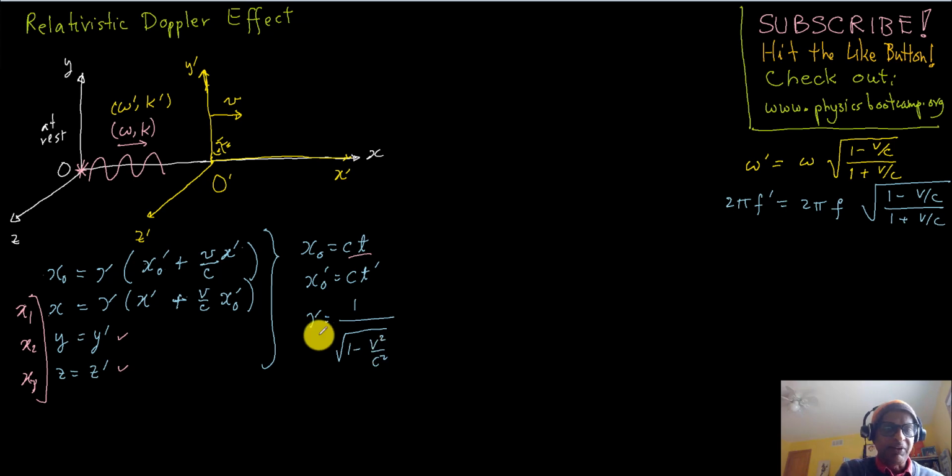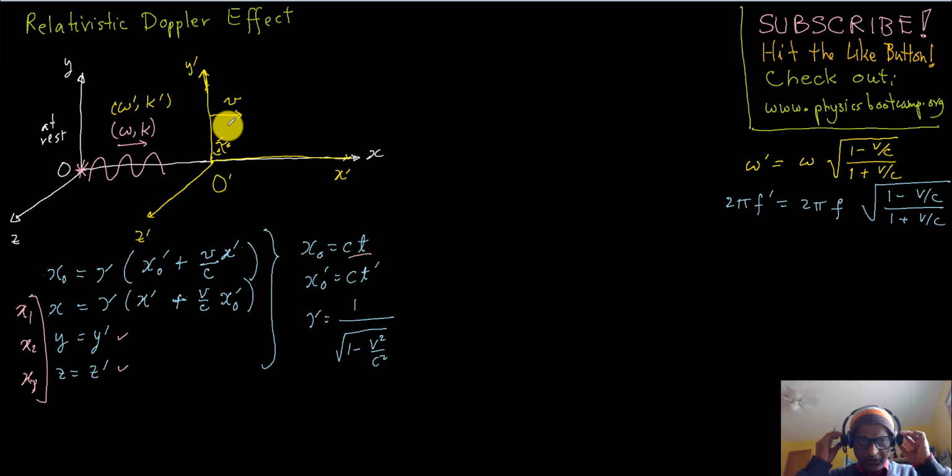This is the dilation factor. So x0 or ct will be in this. If the frame was moving to the left, then you'll have a minus sign here and a minus sign here. So depending on which way the frames are moving, you can have plus, but we're going to use this as the main way of thinking about it right now.